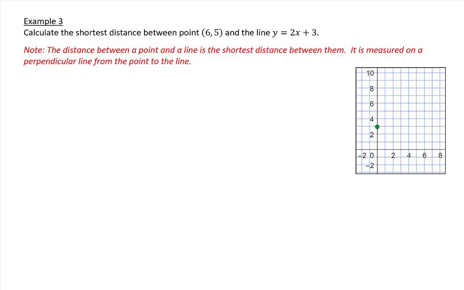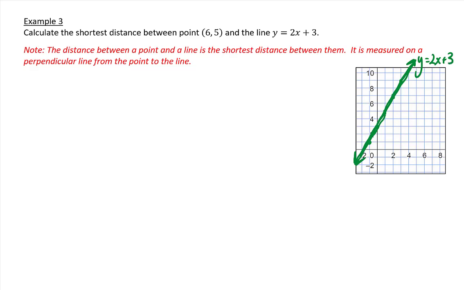So if we go up 2 over 1, there's a point, up 2 over 1, up 2 over 1. And if we want, we can go down 2 and to the left 1. And there is our line. So that's y equals 2x plus 3.